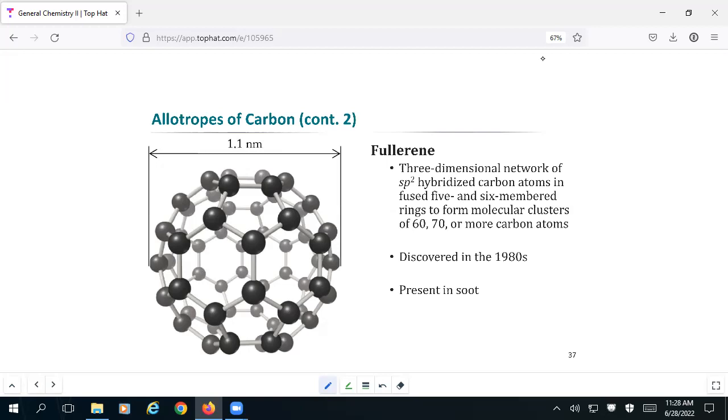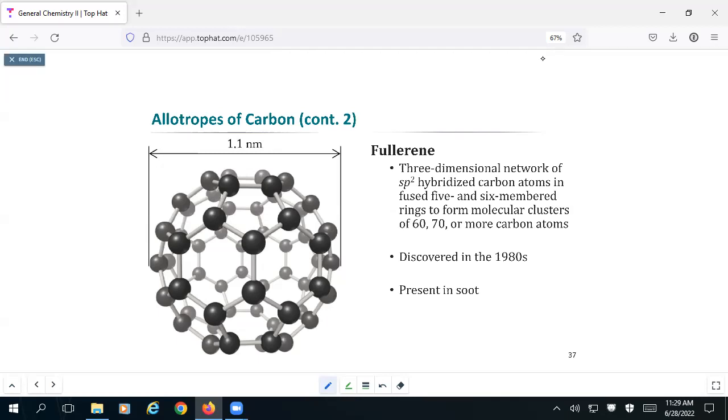What we have there is another network covalent substance, but instead of a series of tetrahedrals or thin sheets, basically what you have is a soccer ball configuration where each carbon is bonded to 3 other carbons. And they form these rings that, instead of being planar, scoop up around each other and form these spheres. And again, it is a soccer ball configuration.